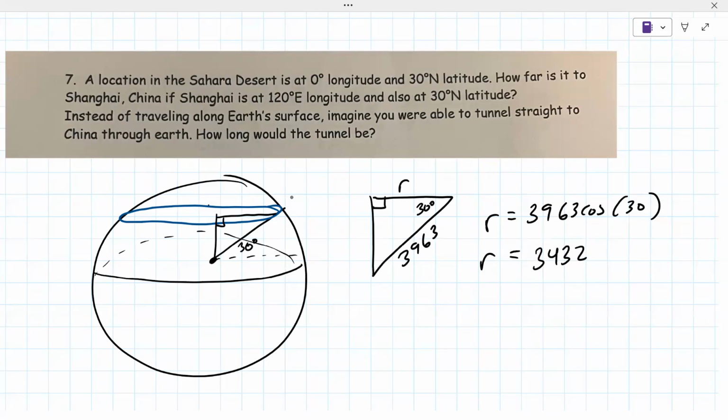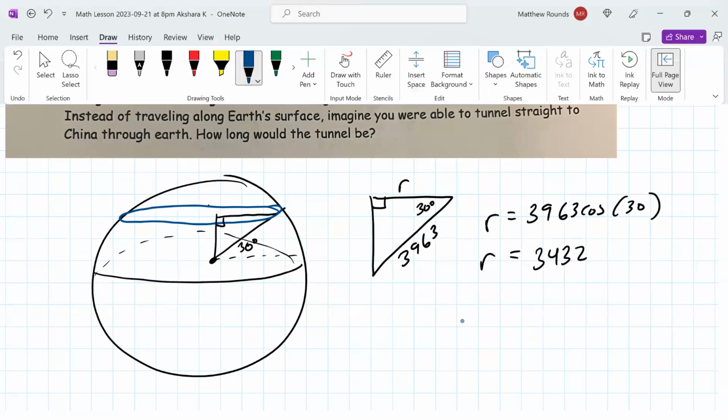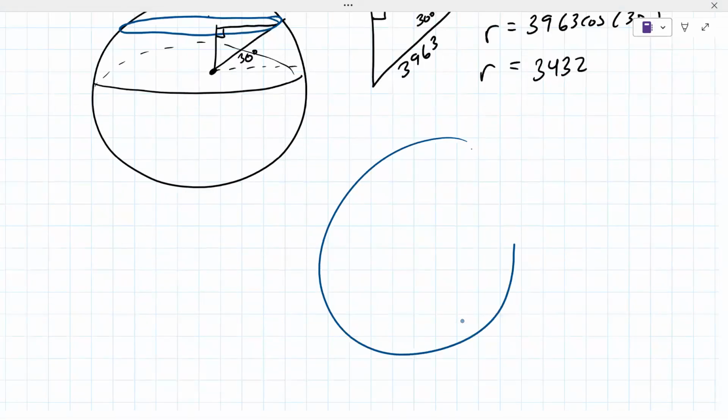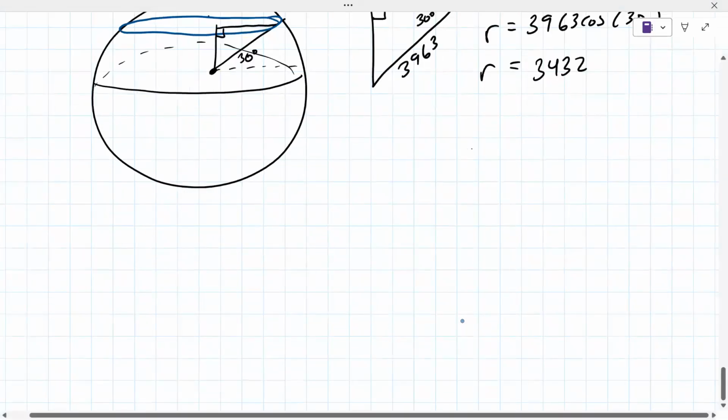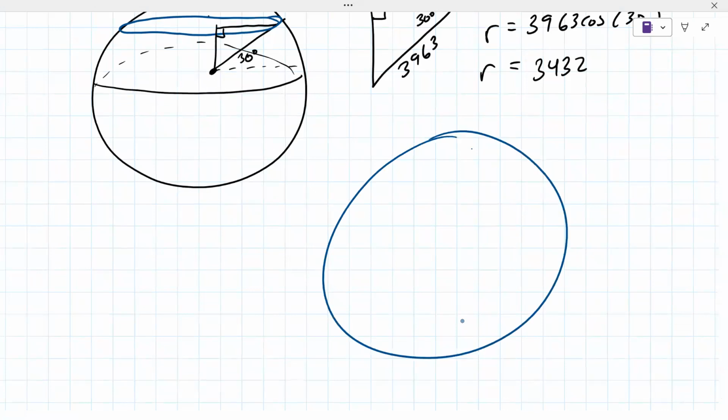And so now on this blue circle, a top-down view, it's saying that the Sahara is right there, so you can just start with that. And then China is 120 degrees east.